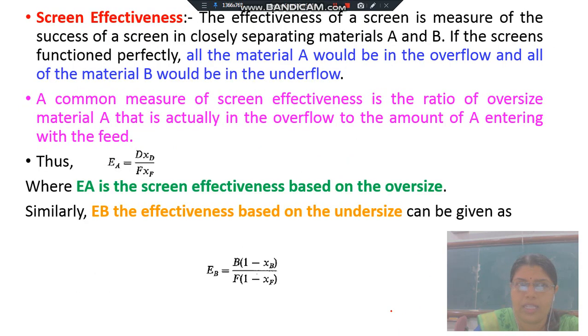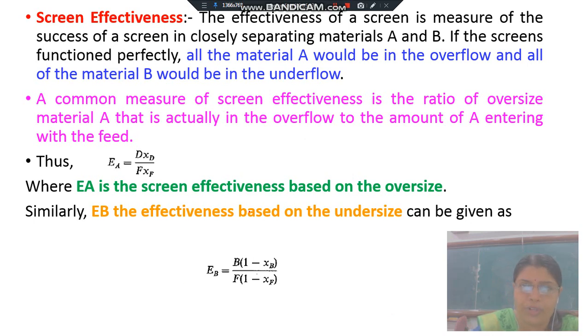Then we see the effectiveness of the screen. The effectiveness of the screen is a measure of the success of a screen in closely separating the material A and B. If the screen works perfectly, all the material A would be in the overflow and all the material B would be in the underflow.